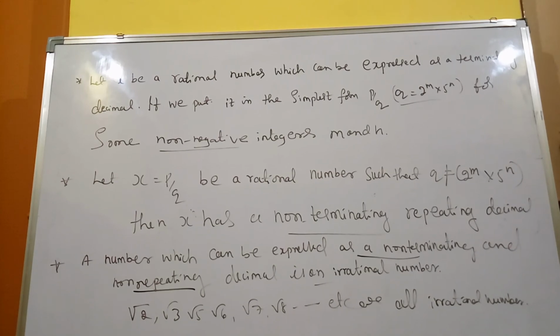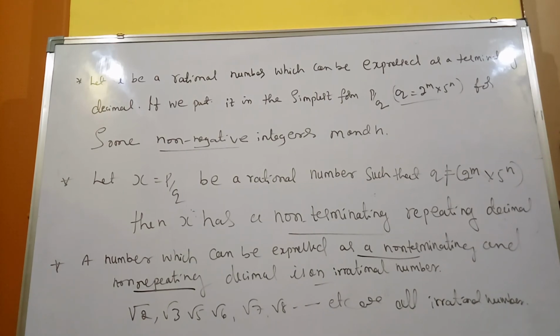Totally, we have to understand that every rational number can be expressed in decimal form, which is either terminating or non-terminating repeating decimal. Have you understood the point? Very important point.